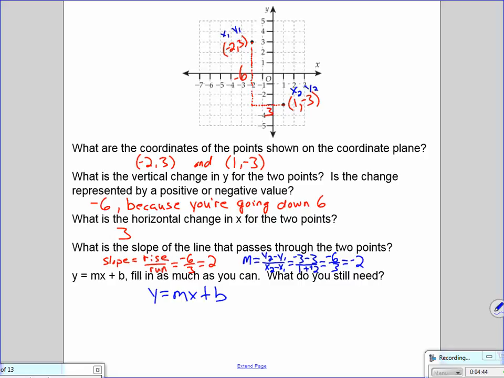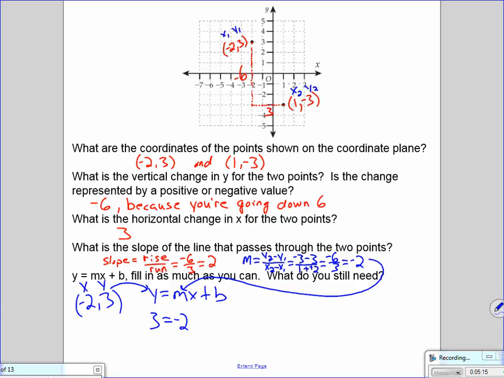So I'm going to pick the point -2, 3. Now remember that the -2 is your x, the 3 is your y. So I'm going to take the 3 and put it in there for y. For m, we found our m to be -2. So I'm going to take that -2 and put it in there for m.